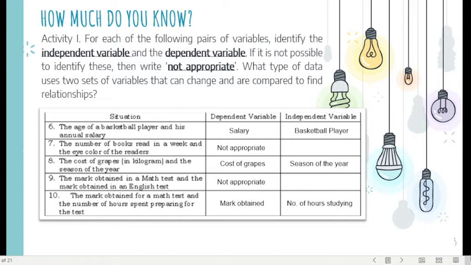So there you have it. Today we have encountered these words: independent variable, dependent variable, bivariate. What do these words mean? I know some of these terms are familiar.